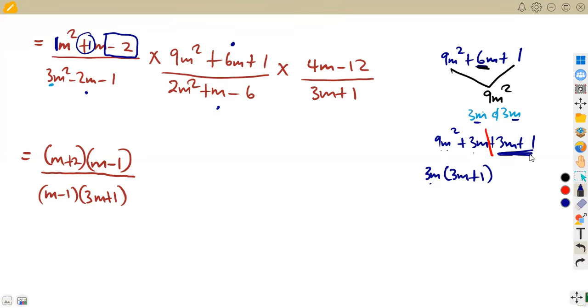Already, this is what we have here, 3m plus 1. So what are we going to factor out so that it will be the same? We factor out a plus, so that we remain with the 3m plus 1. So this bracket and this bracket are the same. We are going to factor out 3m plus 1. What do we remain with from this one? We remain with 3m. Here we remain with plus 1.